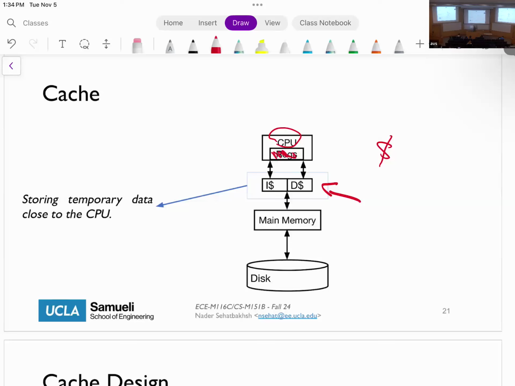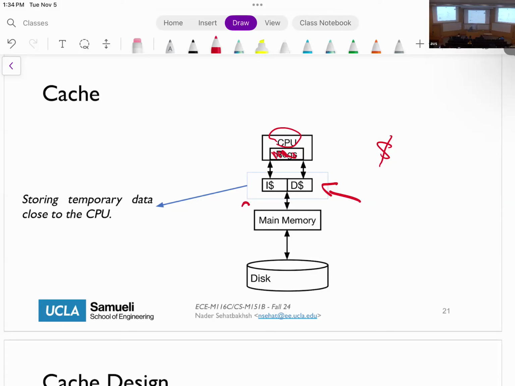For my instruction, I expect lots of spatial locality, but much less temporal locality, right? If I run one instruction, it's very unlikely that I go back to that instruction unless it's a branch or something. Versus for data, there might be lots of temporal locality combined with spatial locality. That's why we typically have two separate units for instruction cache and data cache.